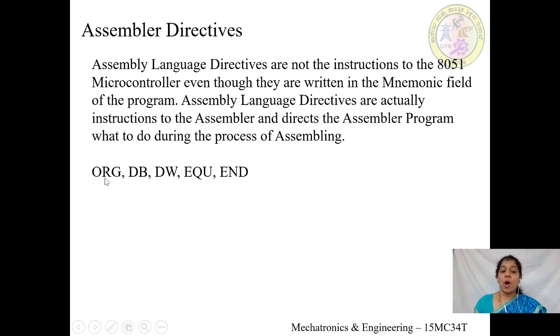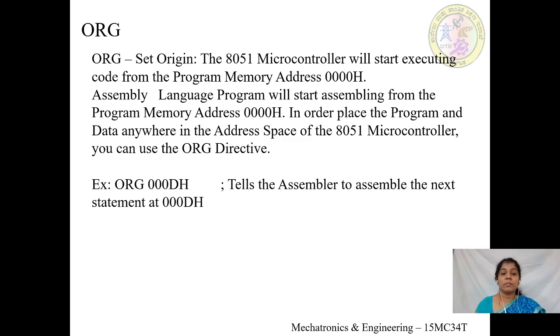These are the few assembler directives that we will be discussing in this session: org, origin; define byte, DB; define word, DW; equate, EQU; and end. So ORG sets the origin. Usually the 8051 microcontroller will start executing code from program memory at address 000H, and the assembly language program will start assembling from program memory address 000H.